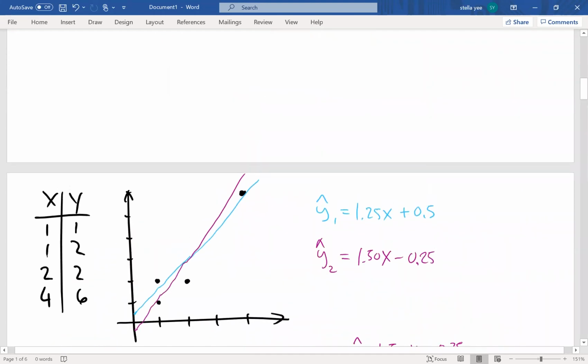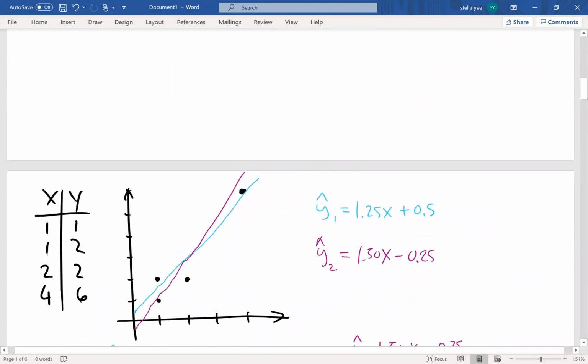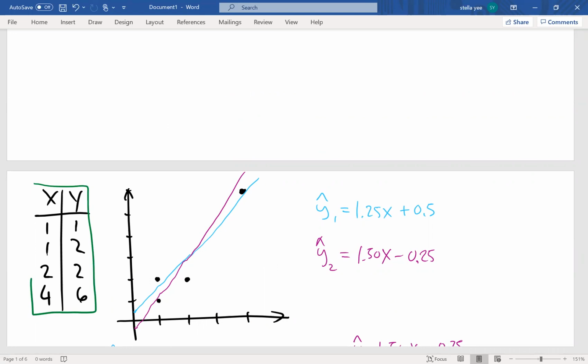Okay, so let's use some toy data. So let's say I have 4 data points given by these values, and those I plotted on the scatter plot to the right. And let's say the blue and the purple line you see through the graph, these are given by 2 different formulas here.